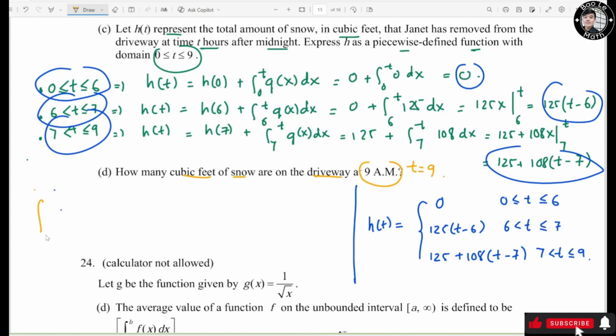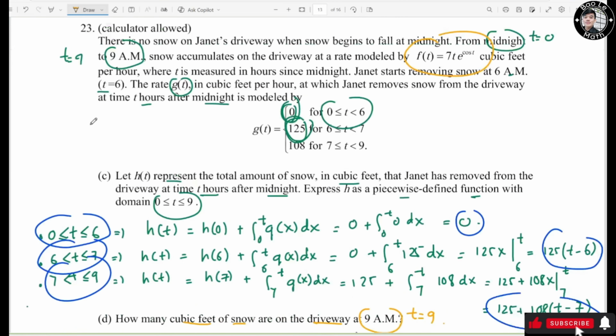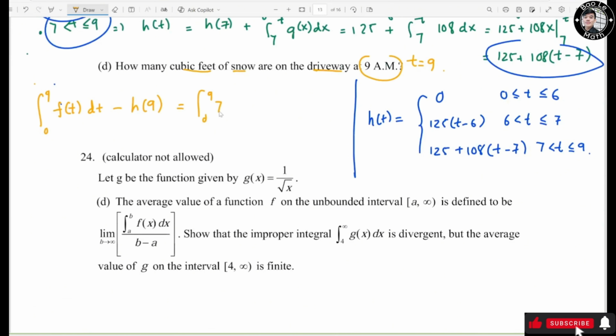So you need to calculate the integral from 0 to 9 of the rate in, subtract the rate out. So it's the integral of f(t) dt subtract h(9). So it's the integral from 0 to 9 of 70 e^(cos t) dt, subtract h(9), which is this expression right here.